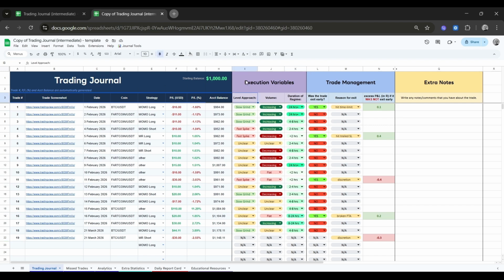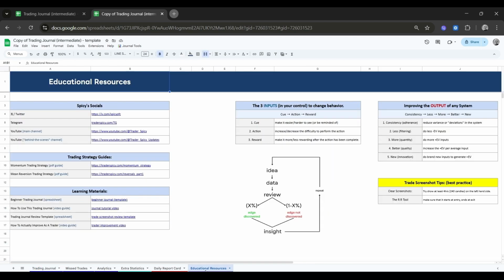Now, if you're unfamiliar with these three terms, not a problem, don't stress. Or if you just want to refresh on these, go to the educational resources section. And in here we have 2 trading strategy guides. They are very, very in-depth. Now, at the bottom section of both of these guides, actually, I can just open it.